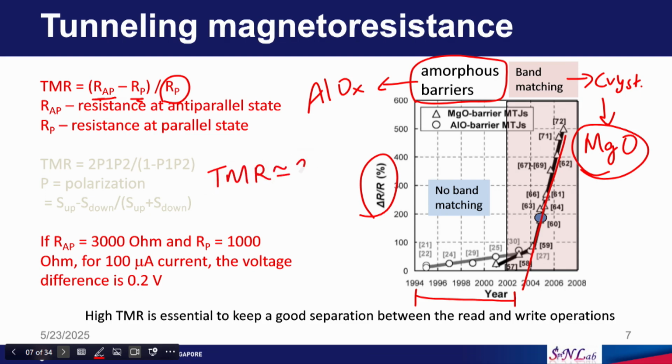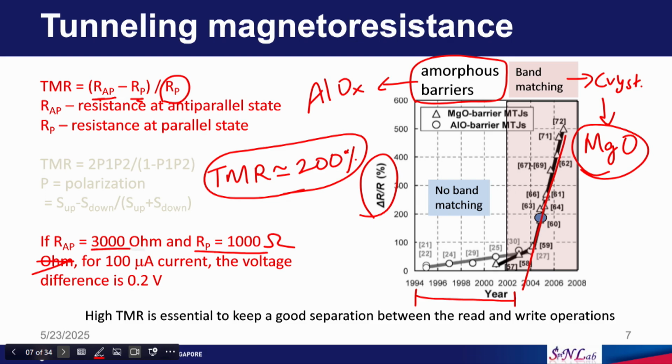This is currently widely used in the industry. If the parallel state gives rise to 100 ohms, then the anti-parallel state will be around 300 ohms, which gives rise to a 200% change.